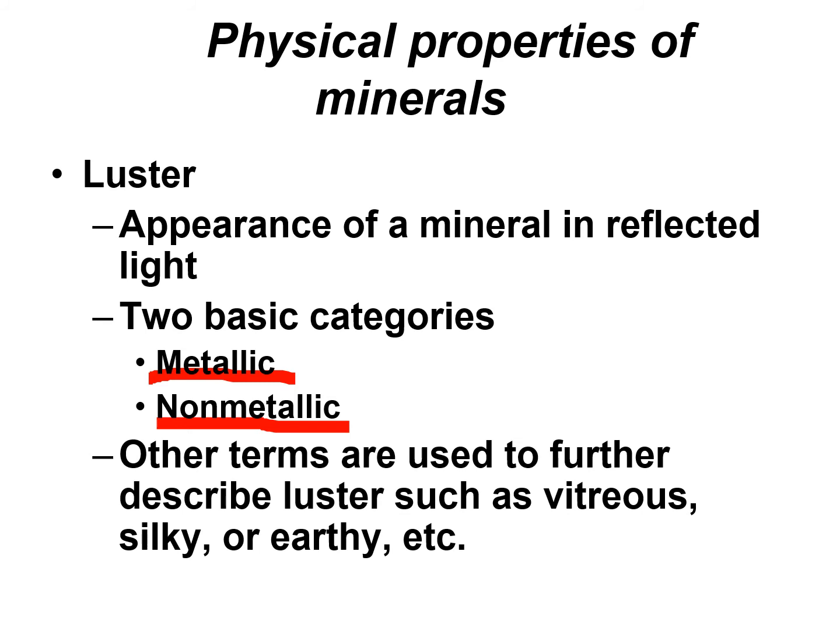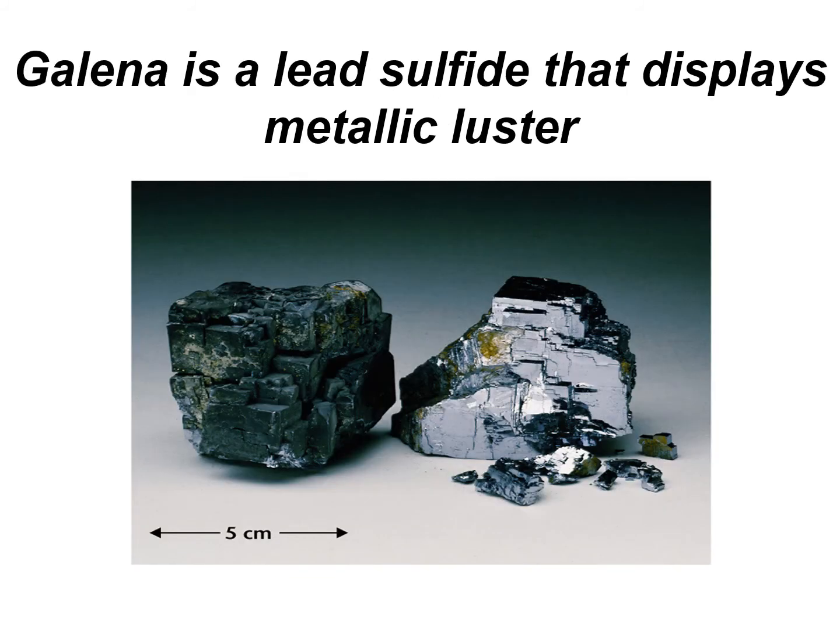We can call it glassy, or vitreous. There's silky, earthy, waxy, pearly, dull. These are just a number of the more subjective terms for different types of luster. But usually we try to decide whether it looks metallic or non-metallic. Galena is a great example of a mineral that has a metallic luster.